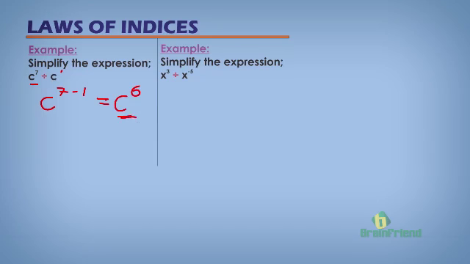Very simple. Now let's take another example. If you were asked to simplify x raised to power 3 divided by x raised to power minus 5. Knowing our rule, how do we solve this? We will say x raised to power 3 minus 5.